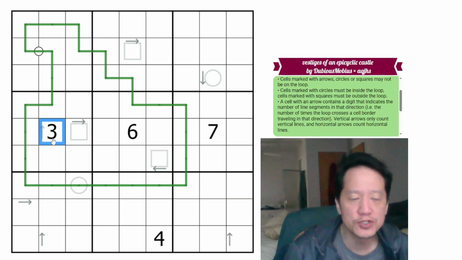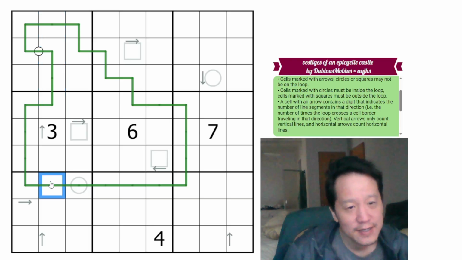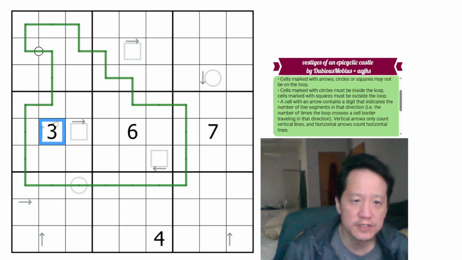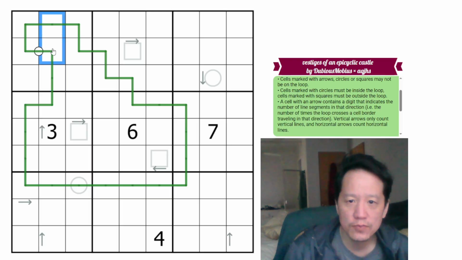So for example, this 3 says that the loop has to cross 3 borders in this direction. That's why this loop doesn't work for the arrows: the loop must cross 3 cell borders in this direction, and it's only crossing 2 right now, 1 and 2.